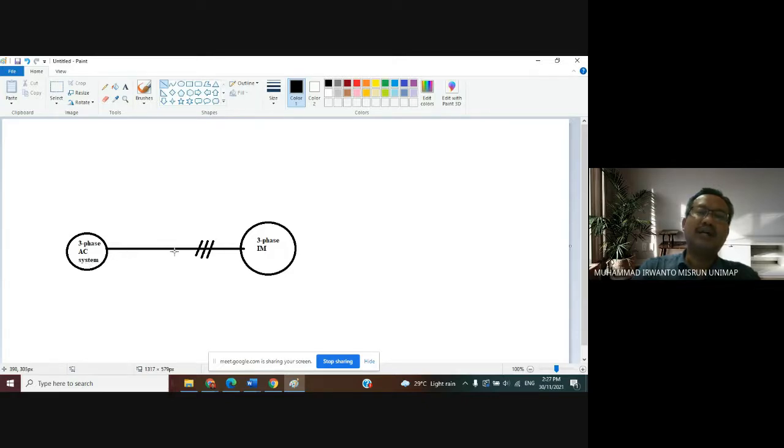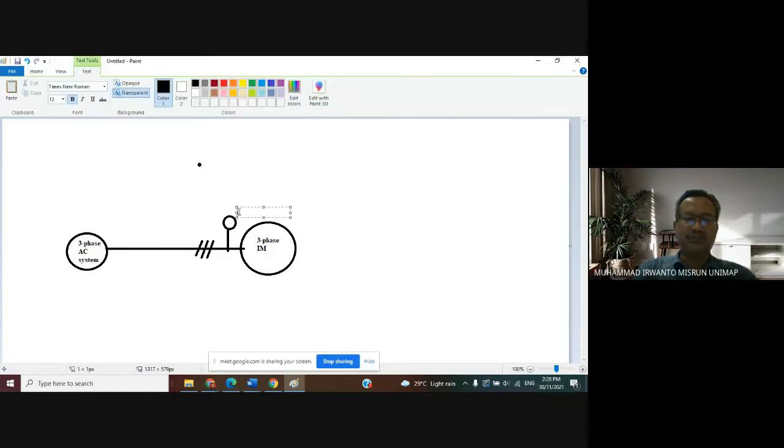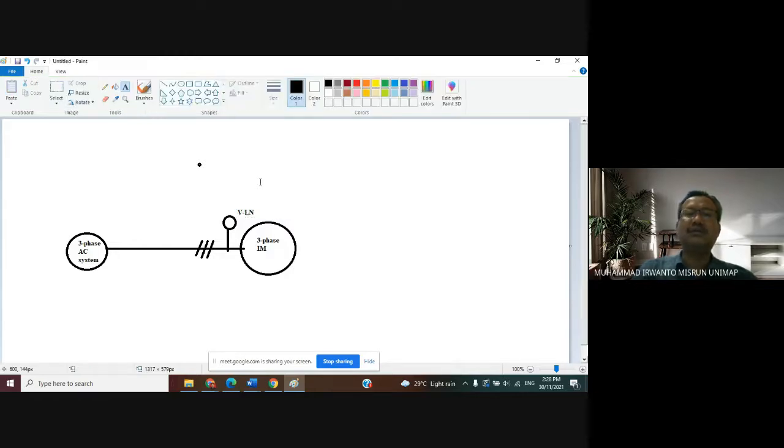Now here we want to measure the line to line voltage or line to neutral voltage. For example, this one is for measurement of the line to neutral voltage, V line neutral.